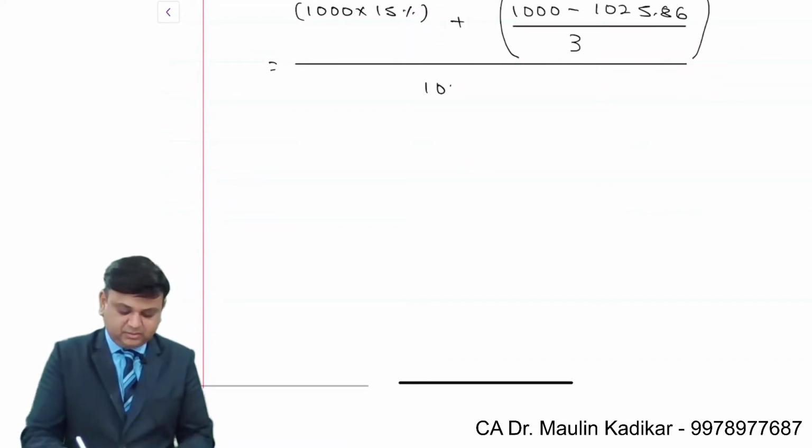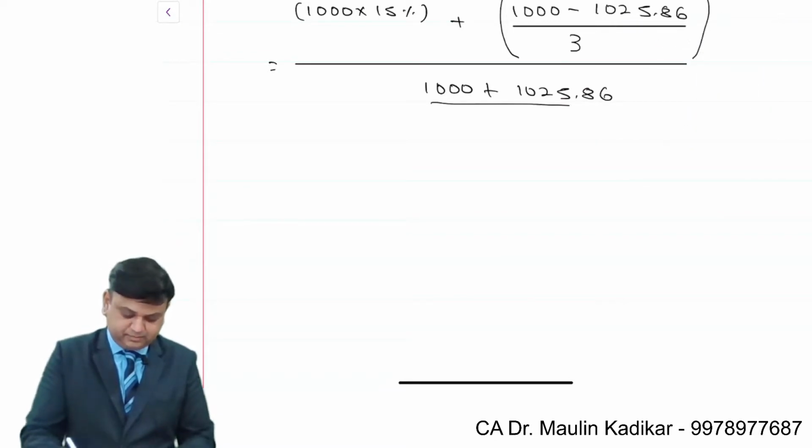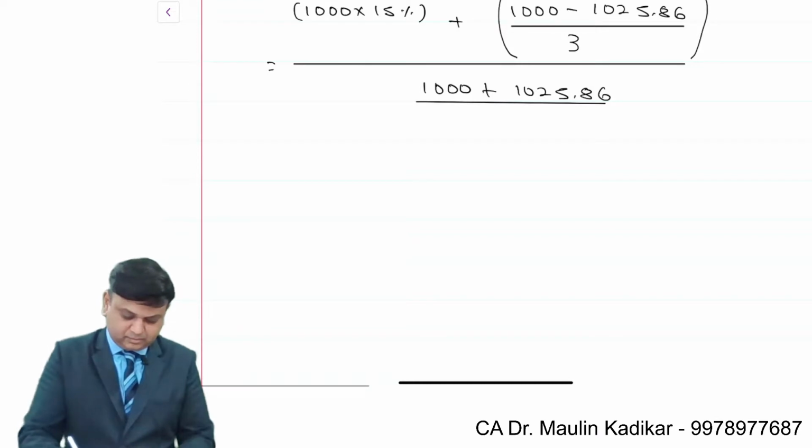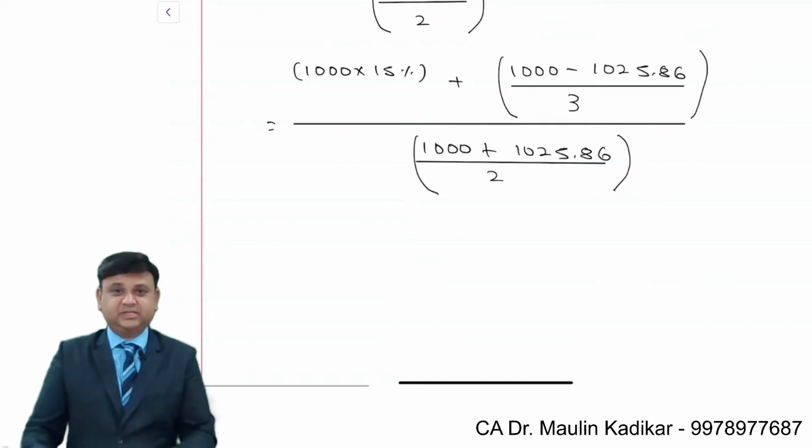So it is 1000 plus 1025.86 divided by 2, into 100 for getting the answer in percentage terms.